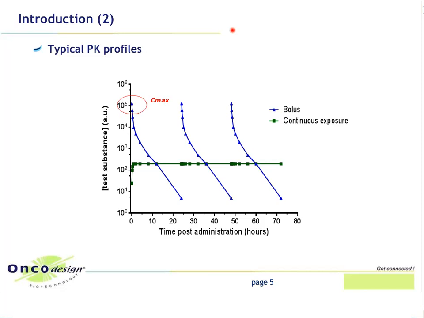While when dosed continuously, the concentration of drug remains constant during the duration of the exposure. For sure, from these opposite PK profiles, we have to define probably the best proof of concept study and its main criteria that I will describe in a couple of slides.